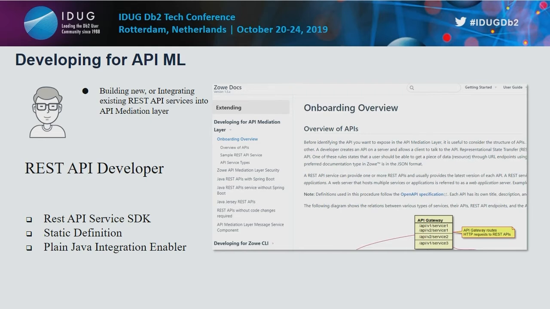We originally had something called Spring Boot enablers, but we feel the plain Java option is better because it's much easier to customize. All of this information is available on Zowe.org in the section on developing for the mediation layer.